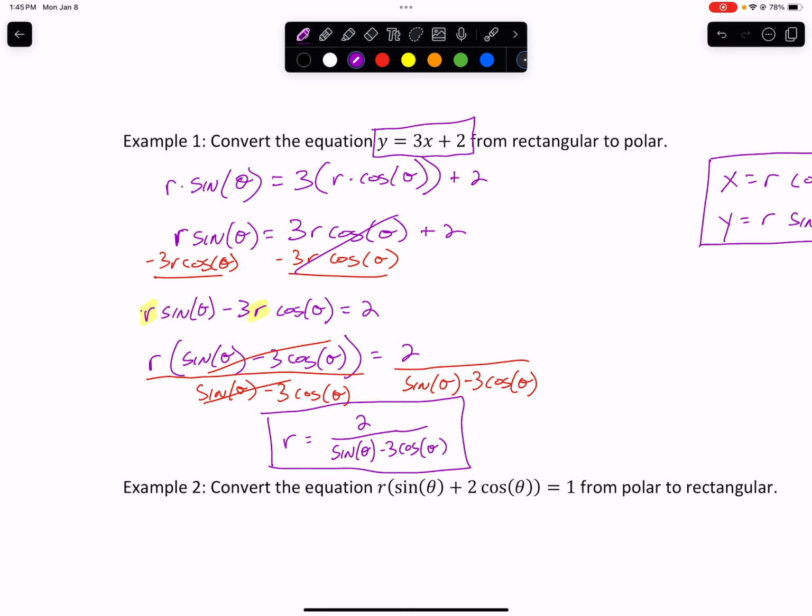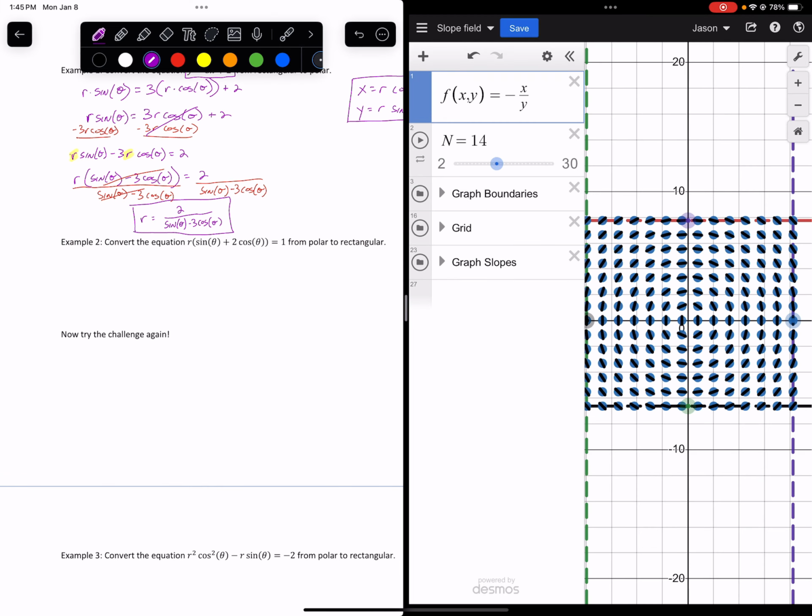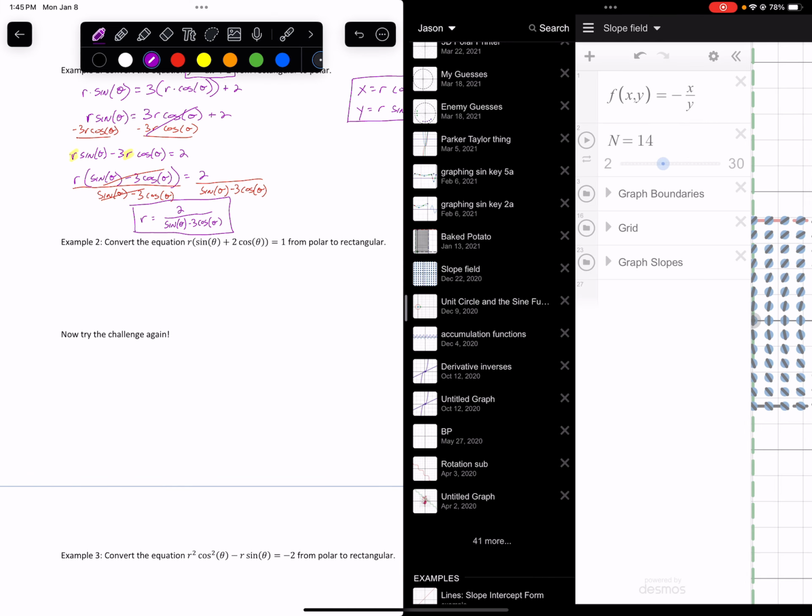So we know that y equals 3x plus 2 looks like a line. So let's graph the polar version and see what we have here.